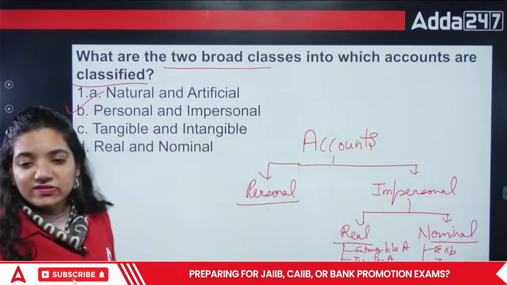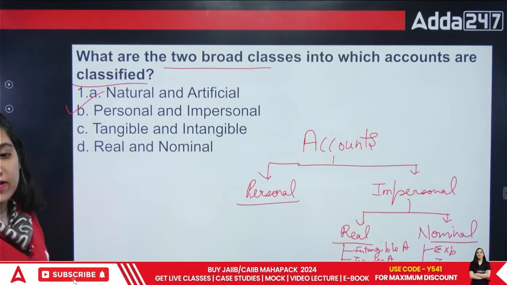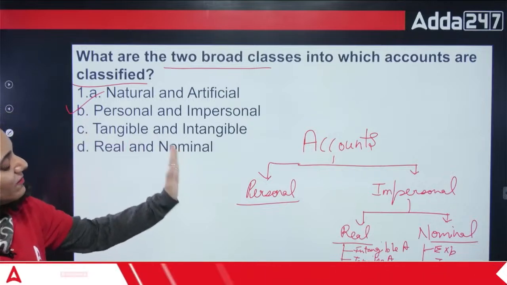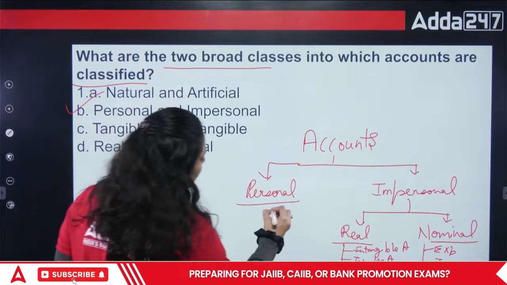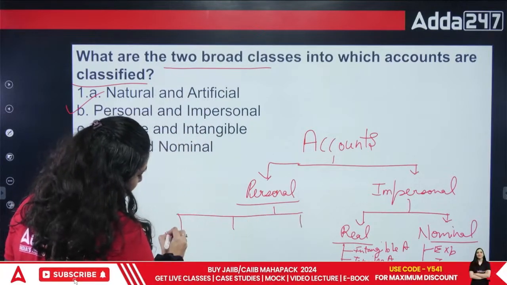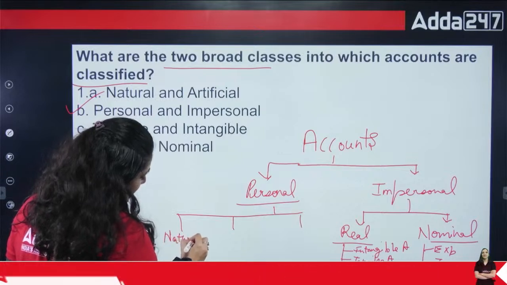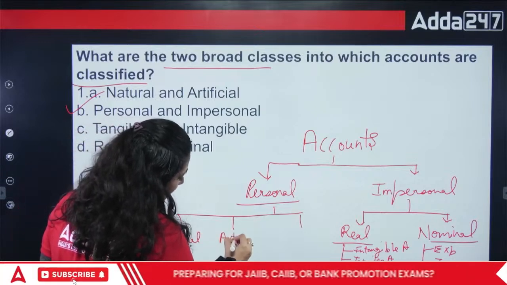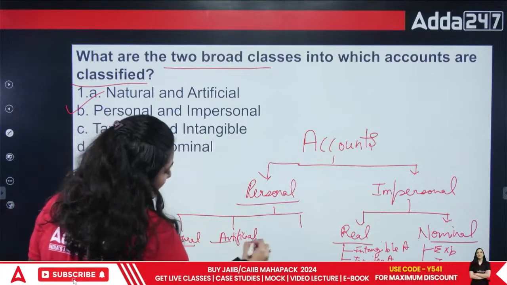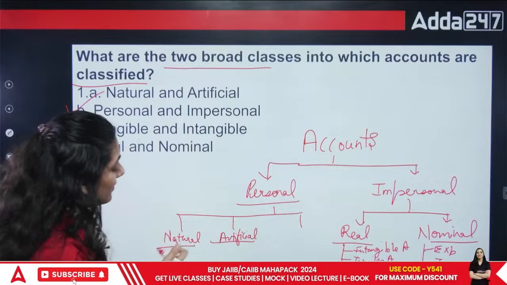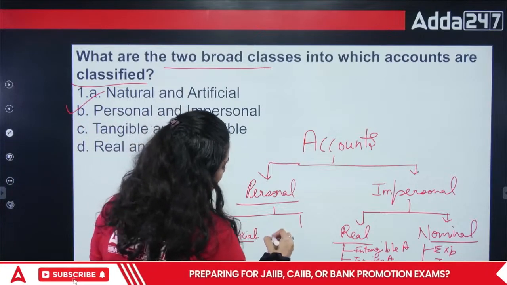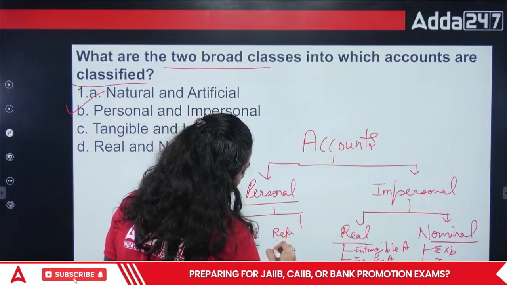Done, everyone? So this is how we broadly classify it into personal and impersonal. And in the impersonal, we have this area. In terms of personal, we have three types: natural, artificial, and the last one is representative personal.